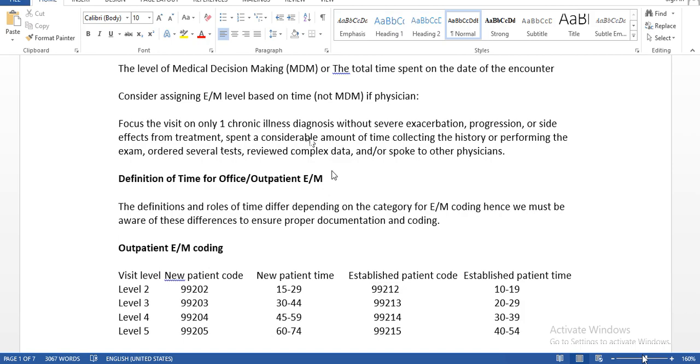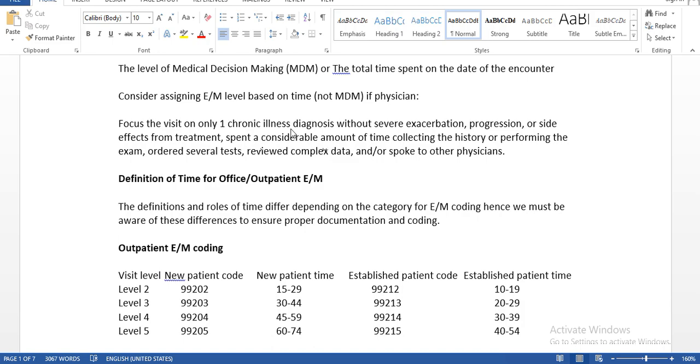A considerable amount of time is spent collecting the history or performing the exam, ordering several tests, reviewing complex data and speaking to the physician. So we need to check the document to find these keywords, like whether the physician is checking only one chronic illness, and whether it has any exacerbation, progression or side effects from treatment.